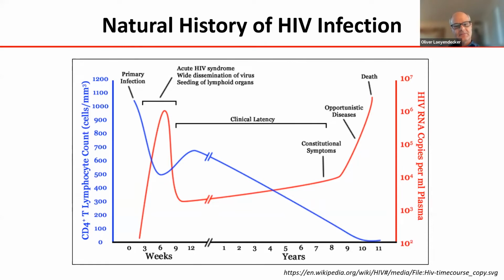And then within a month or so, decreases down to what is called the set point viral load. That is the relatively flat amount of virus, which can differ anywhere from 10, almost undetectable levels, to 1 million copies per mil.